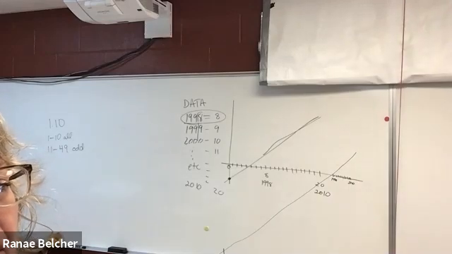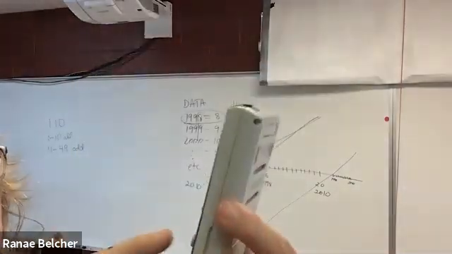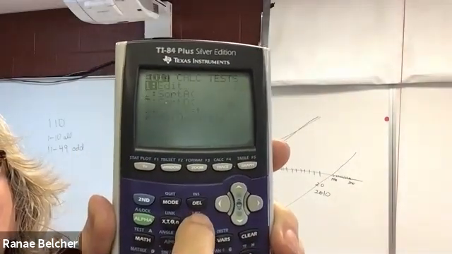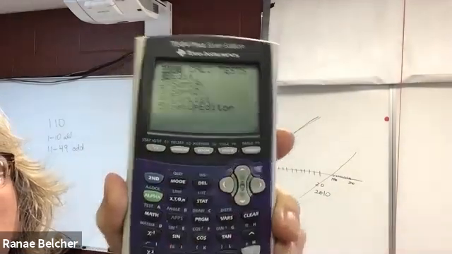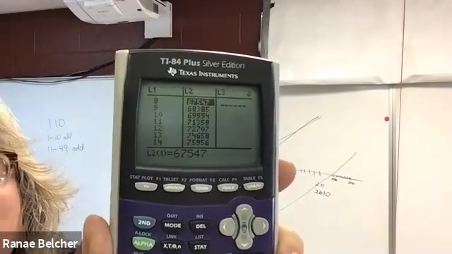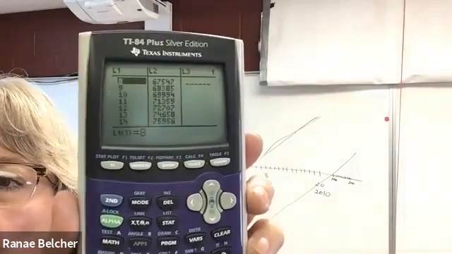So on the home screen, I'm going to go to this stat button right here. It says STAT, and it says edit. So then I hit enter, and it gives you the L1 and the L2. Do you have any numbers already in L1 or L2?